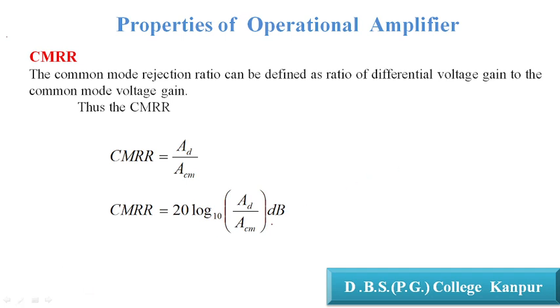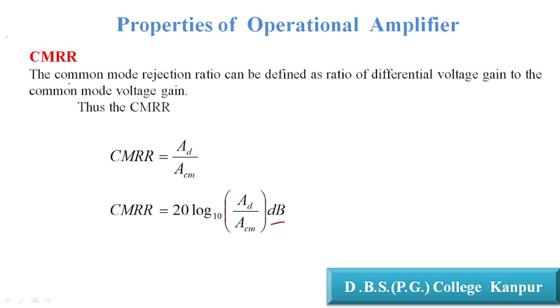Decibel is a unit of sound, and CMRR is also measured in a unit of sound, that is dB. dB means decibel, that is bel multiplied by 10. Bel is named after Graham Bell, from whom we get the decibel.